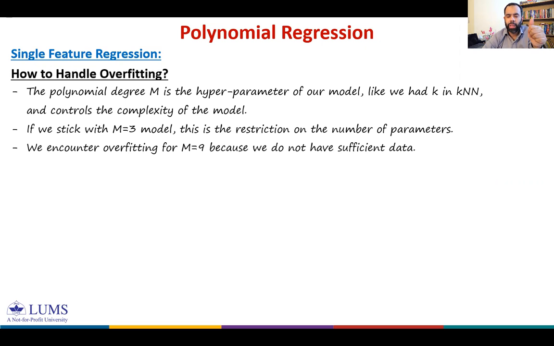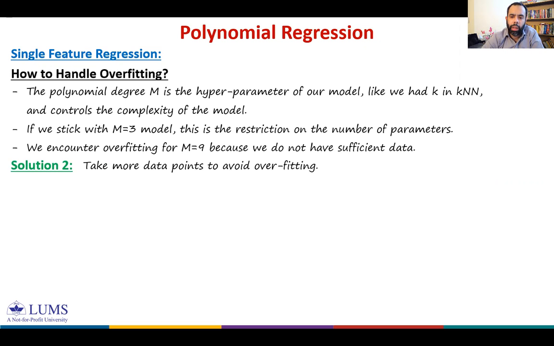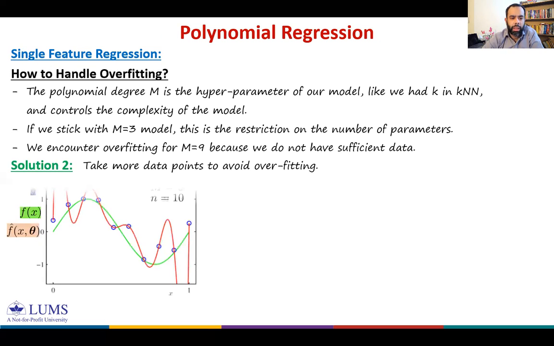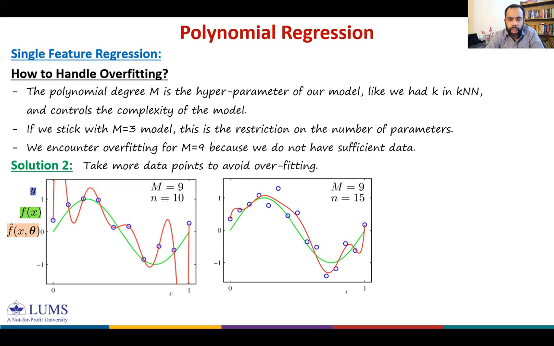And solution 2, unlike solution 1, is that you do not restrict your polynomial degree, but instead take more data points to avoid overfitting. For example, we had a very poor solution when we took 10 data points and had 10 coefficients. But if we keep the number of coefficients the same, keep m equal to 9, and take more points, say n equal to 15, you get relatively better performance.